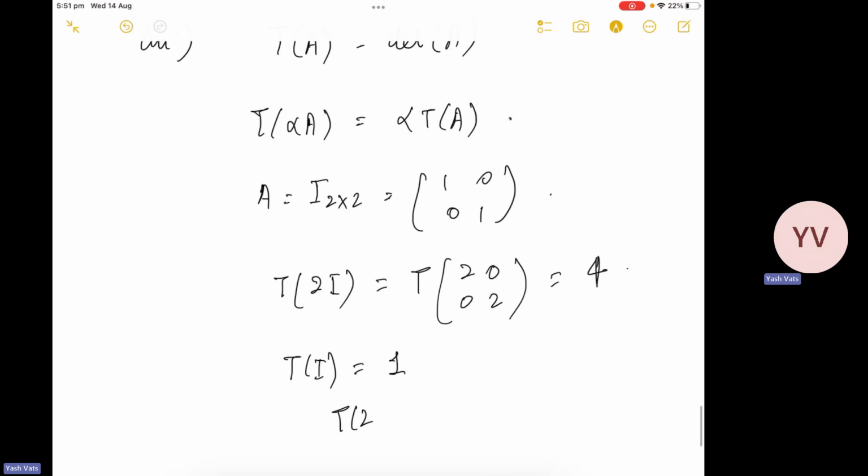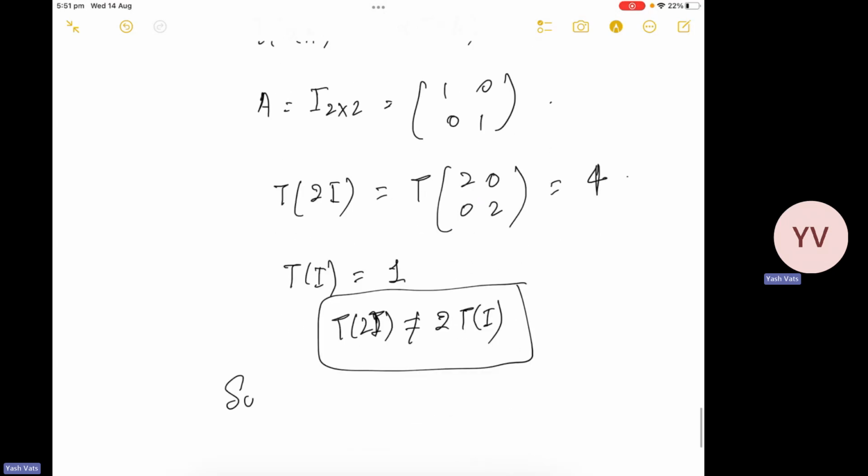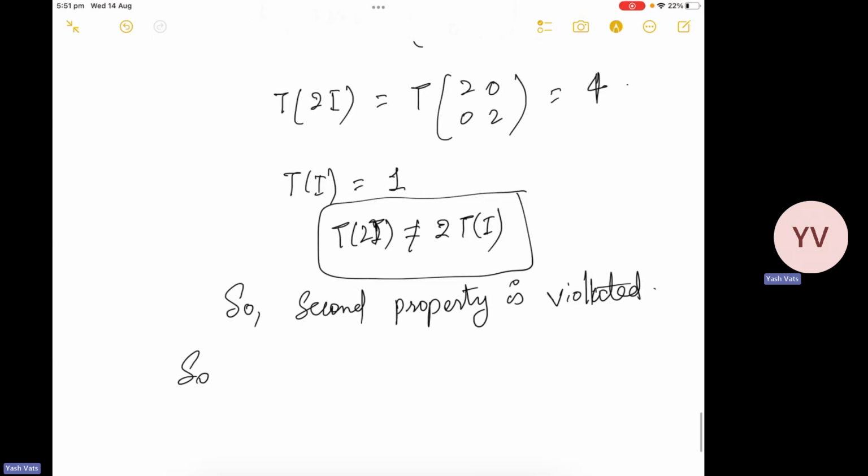So T of 2I is not the same as 2 times T of I. So the second property is violated, so T is not a linear transformation in this case.